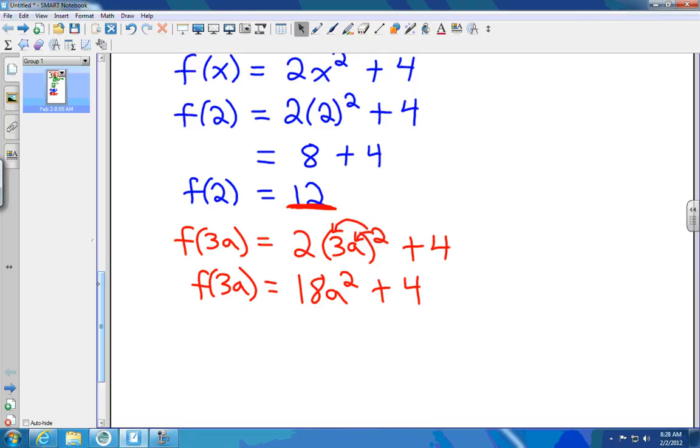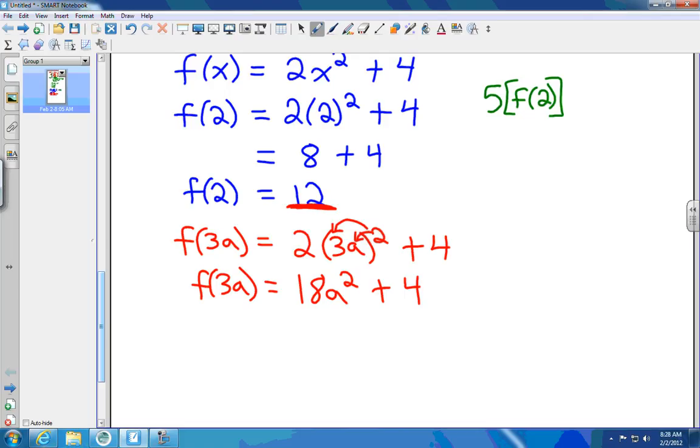Another thing they will do, they might have 5 times f of 2. So what are you going to have to find first there, you think? You have to find f of 2, and then what? Just take it times 5. Yesterday, I didn't cover this in class, and we hit this problem, and everyone totally freaked out.